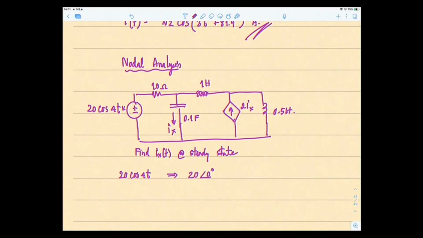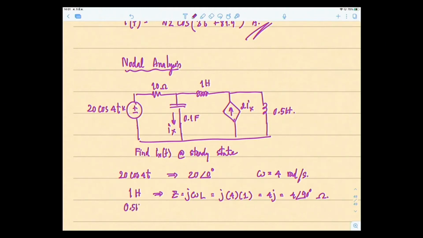Omega in this case is 4 radian per second. So change 1 Henry into impedance, equal to J omega L. So it's J, omega is 4, L is 1, so 4J ohms or 4 angle 90 degrees ohms.